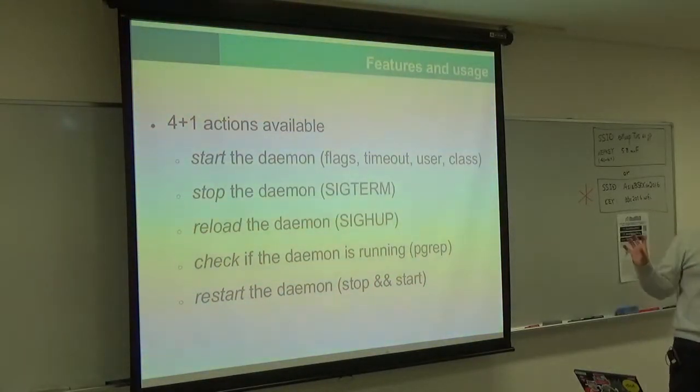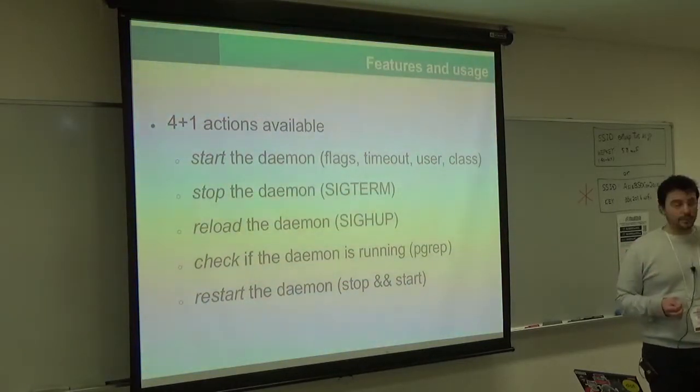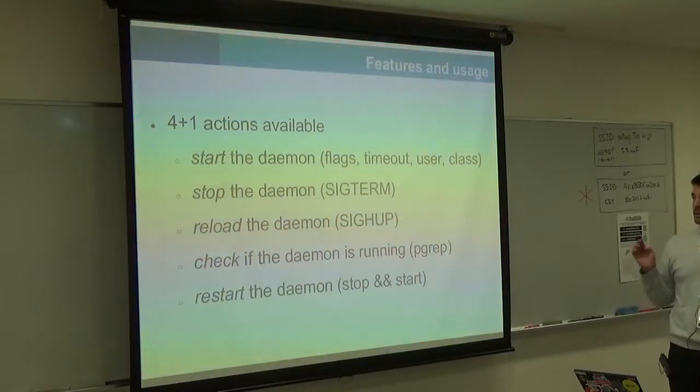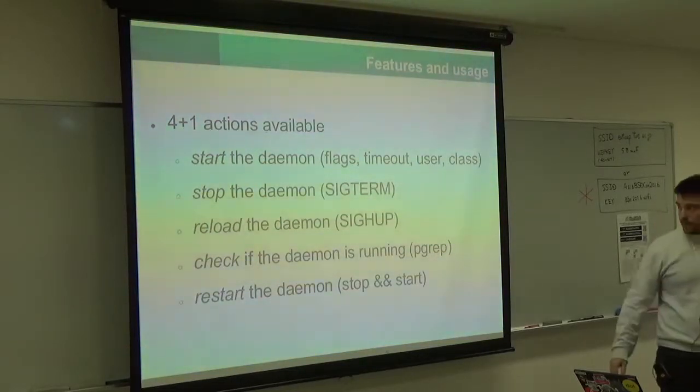You have the start action, which will start the daemon with some particular flags, with a timeout variable, which I will explain later, which user the daemon will run as, and which class it will run under. Then you have stop, which will basically send a SIGTERM to the daemon, reload, which reloads the daemon with a SIGHUP, and check, which checks that the daemon is running by running pgrep.